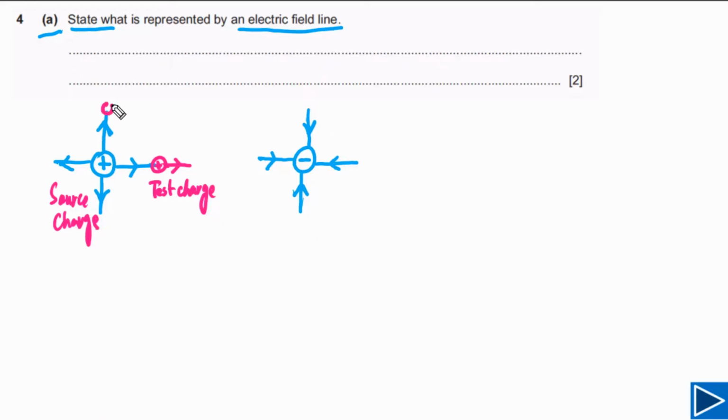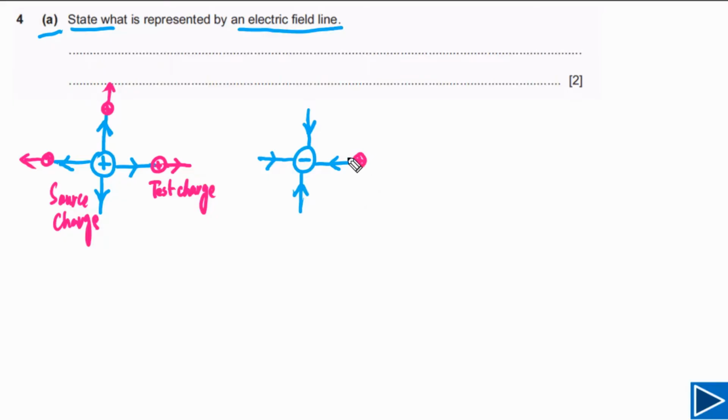If we place the test charge here, it has to be positive. Again there is a repulsive force between these two, and the force is pointing upwards. The same is true anywhere you place it in the electric field: the force will be pointing away from the positive charge. That's the reason we draw these arrows pointing away. The same is true for the negative charge, but if I place the test charge here, the test charge is always positive.